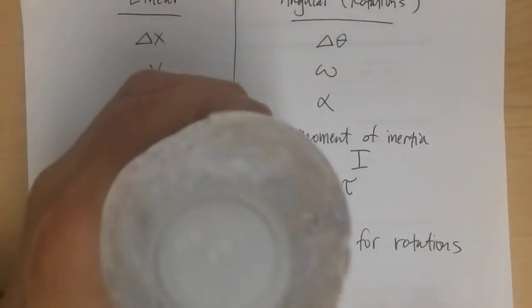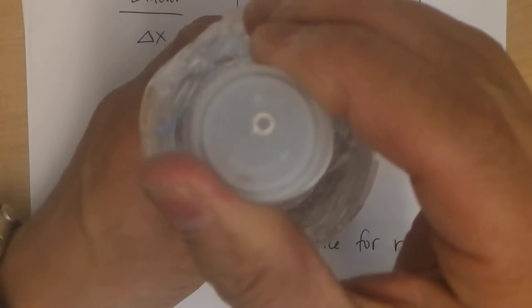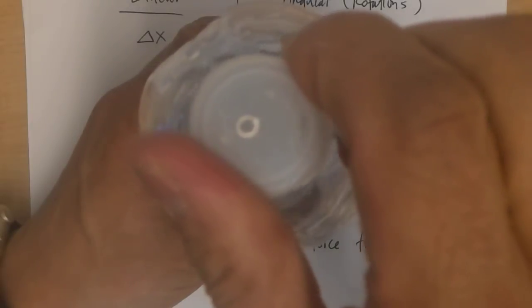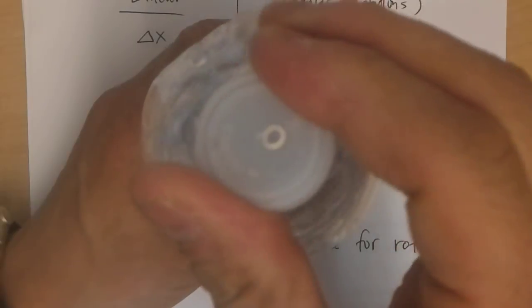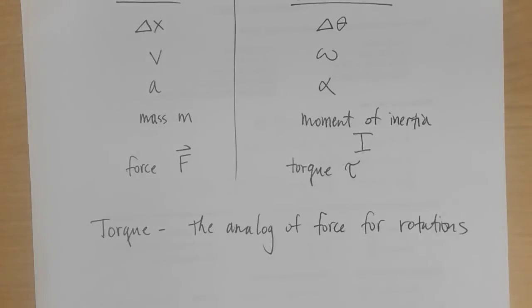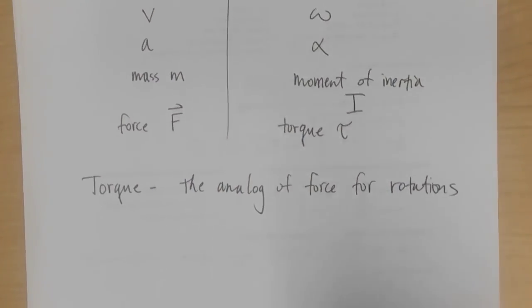But if I take this water bottle and I unscrew the cap, I have to exert a torque, a twisting, and that causes an angular acceleration if I twist. So that's what we're talking about here, this twisting type of torque that rotates something about some rotation axis.